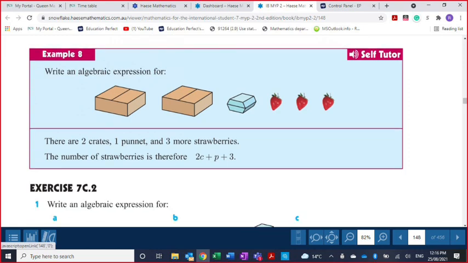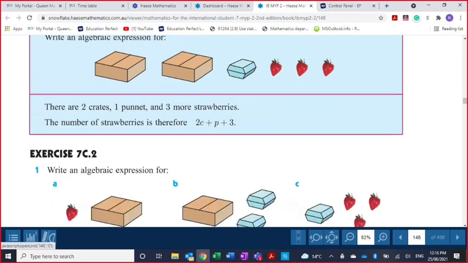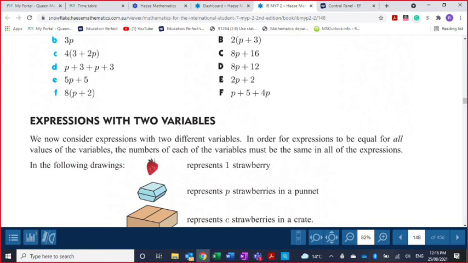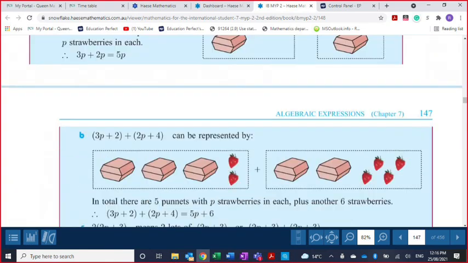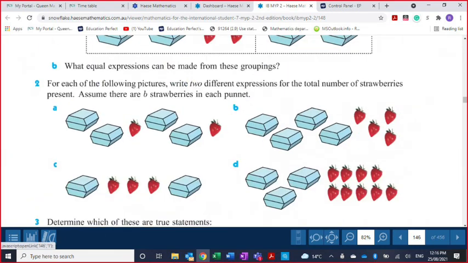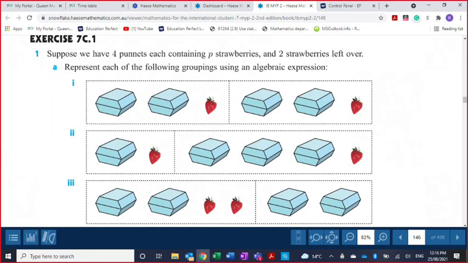So 2C plus P plus 3. All right? Now, okay, we won't go into that one yet. So all I want you to do is practice these visuals so you really get a good understanding of how things are either being combined, addition, or taken apart. Okay? But if you have brackets in there when you're doing multiplication, do that multiplication first.